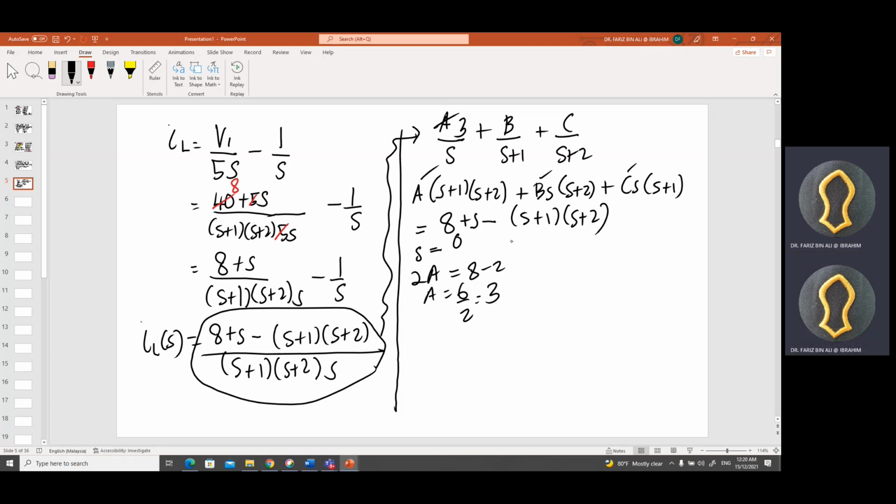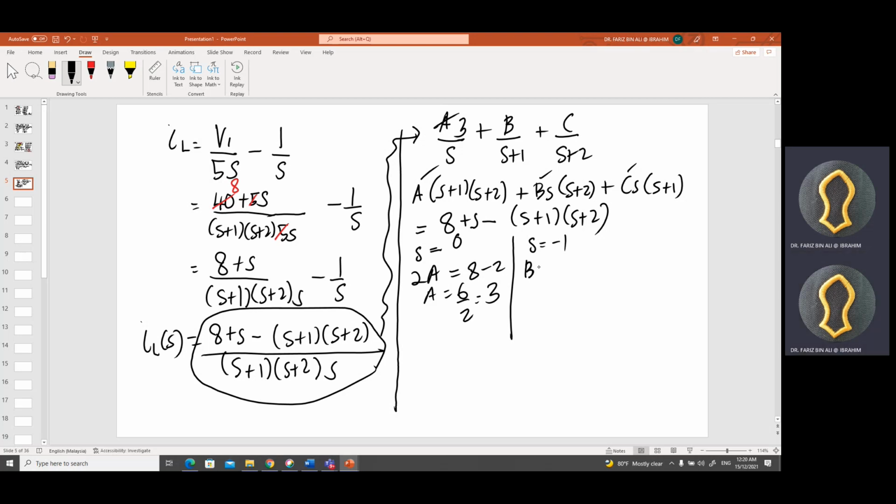Okay, and then choose another value, S equal to minus 1, because if I choose S equal to minus 1, A will be gone, C will be gone.